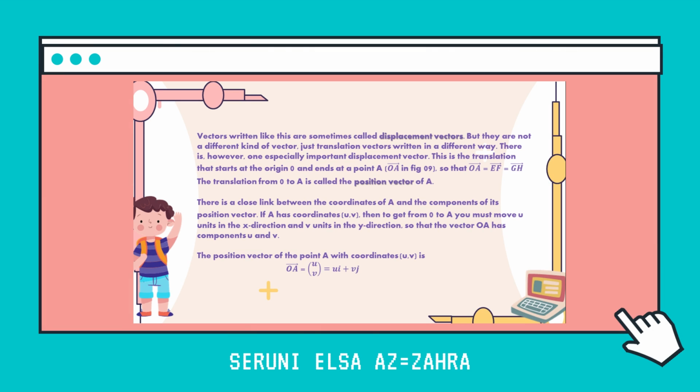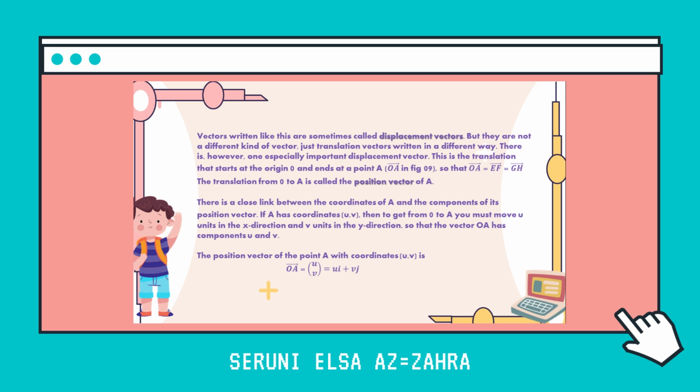Vectors written like this are sometimes called displacement vectors, but they are not a different kind of vector, just translation vectors written in a different way. There is, however, one especially important displacement vector.